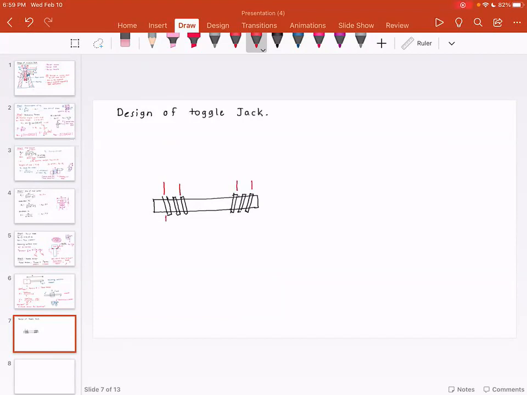And please note, if you have a left hand screw, you will need a left hand nut. If you have a right hand screw, you will need a right hand nut. So you have appropriate nuts on the left as well as on the right hand side.